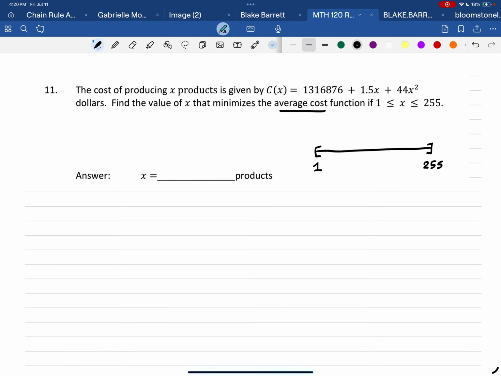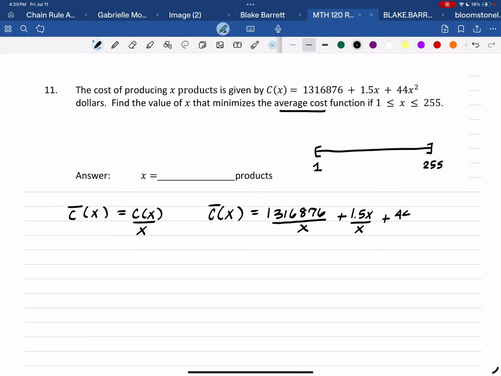Now, average cost, C bar of x, is cost divided by x. So our C bar of x is 1,316,876 divided by x plus 1.5x divided by x plus 44x squared divided by x.